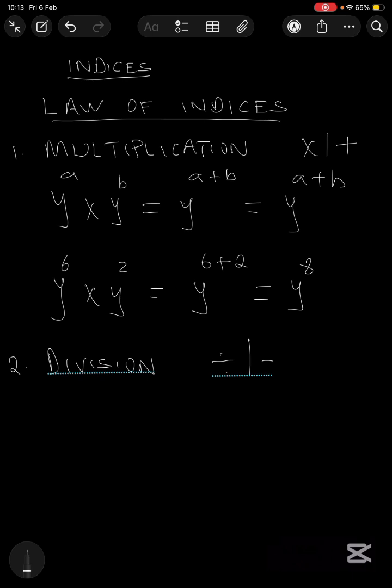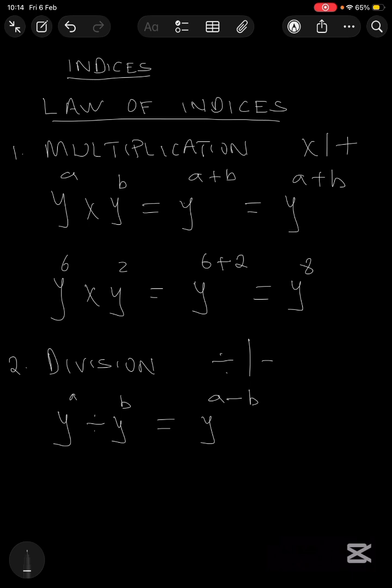For example, we have y power a divided by y power b. As you can see, we have the division sign, and in the law of indices it is the same as minus. So you take a minus b.